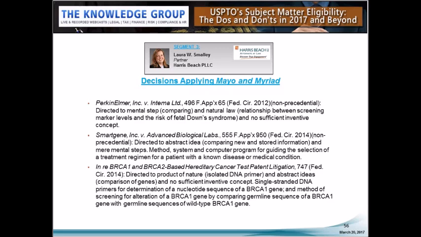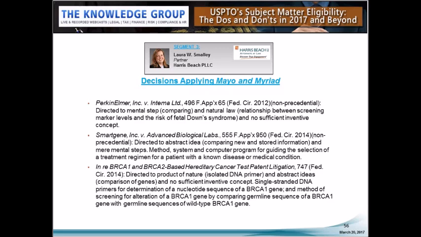The claimed primers were indistinguishable from the isolated DNA found patent ineligible in Myriad because they were structurally identical to the ends of DNA strands found in nature, even though the primers were synthetically replicated. As I noted before, naturally occurring compositions of matter and synthetically created compositions that are structurally identical to the naturally occurring compositions are not patent eligible.